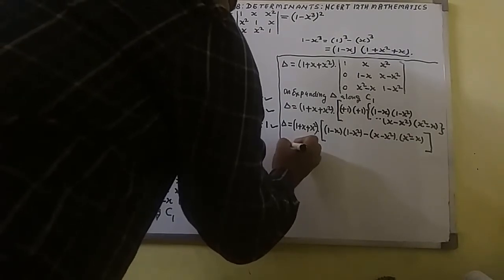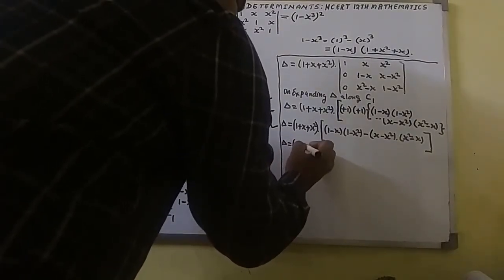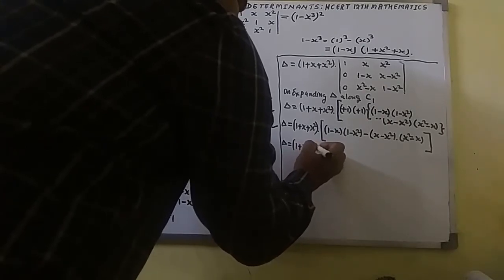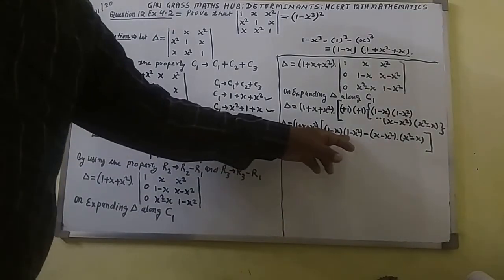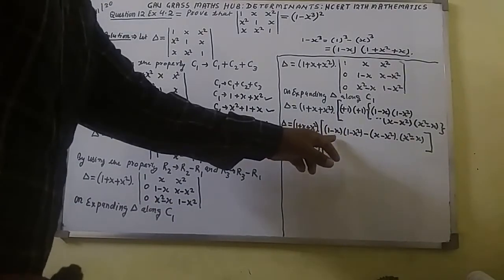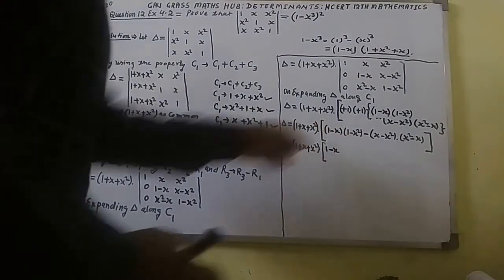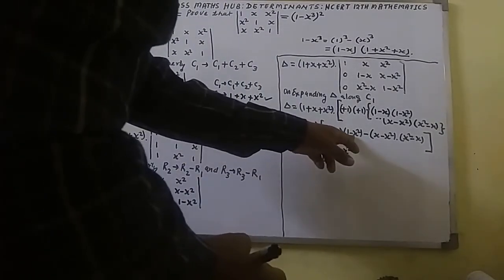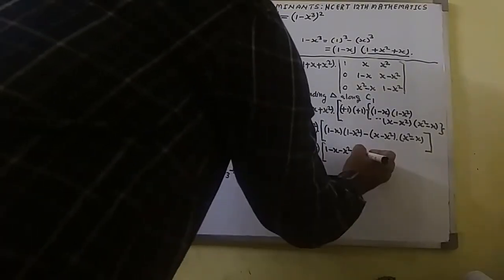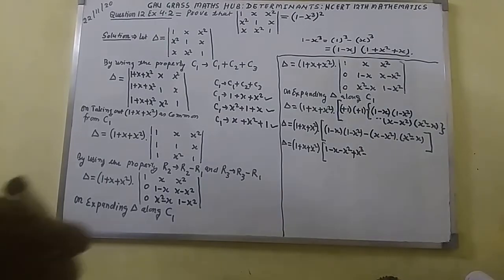Det equal to 1 plus x square I shall write, and here write this one will multiply together, we'll get here only 1, and 1 will multiply to minus x, here you will get minus x, and minus x square will multiply to 1, will get here minus x square, and minus x square multiply together will get here plus x cube, minus right here, open here small bracket.